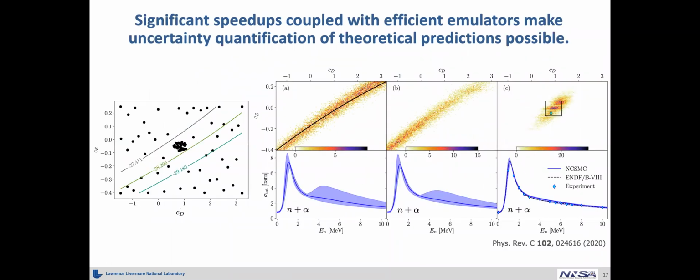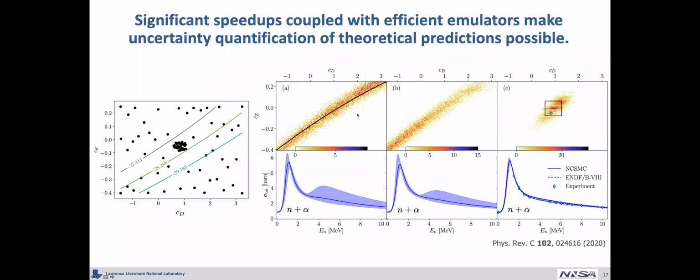Okay, originally, this is our prior. Basically, this entire plane of all CD and CE values that we deemed acceptable. And we want to see what uncertainty this corresponds to for reaction observables. One of the more straightforward reaction observables that we calculate is n-alpha scattering, the total cross-section.